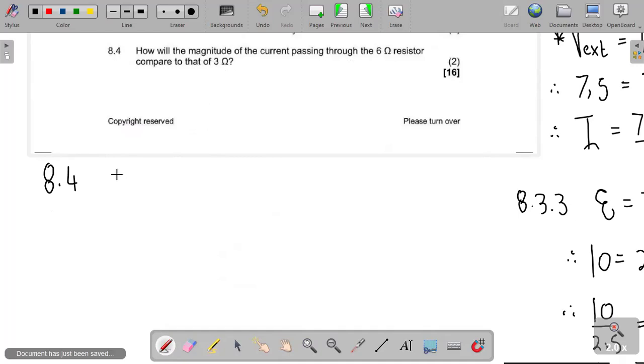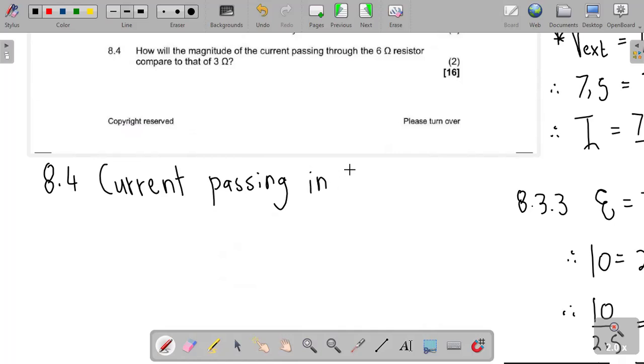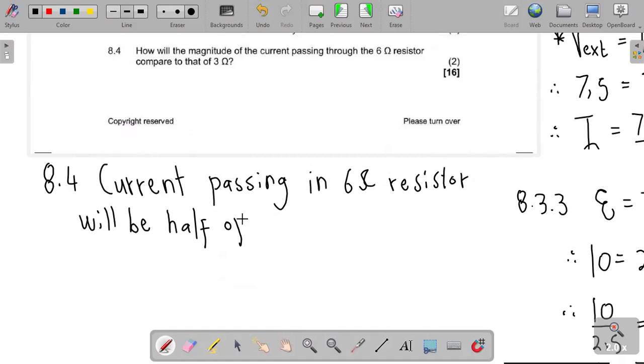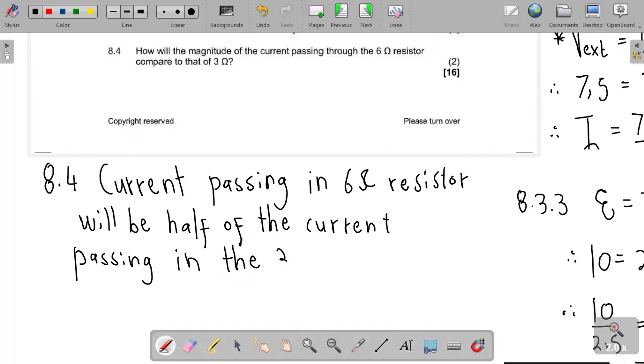So it means that the current passing in the 6 ohm resistor will be half of the current passing in the 3 ohm resistor.